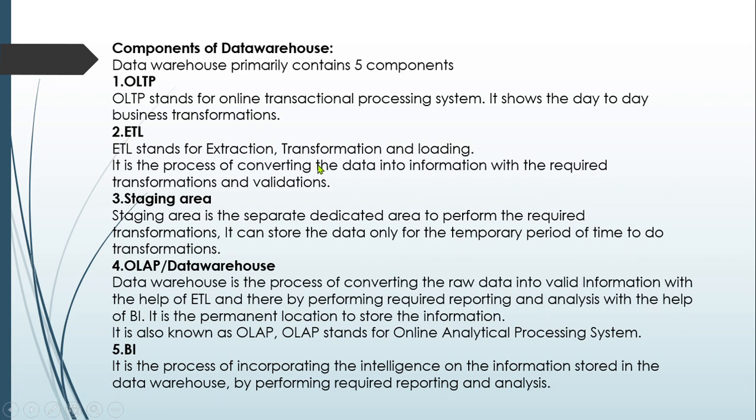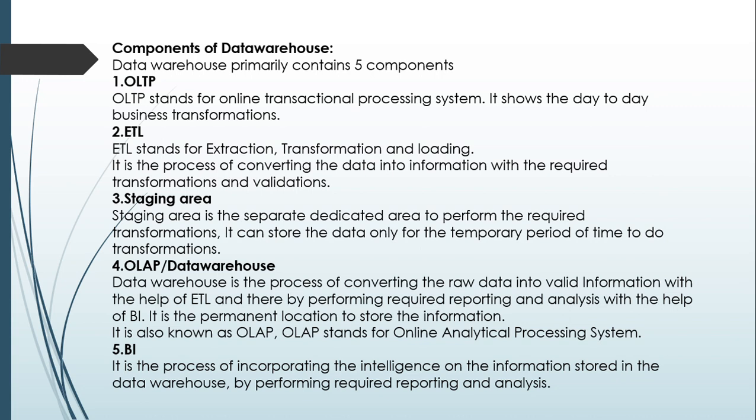Usually in data warehouse, we have different components available, such as OLTP, ETL, staging area, OLAP, and BI. So we'll understand one by one. What is OLTP? OLTP stands for Online Transactional Processing System. It shows the day-to-day business transactions.